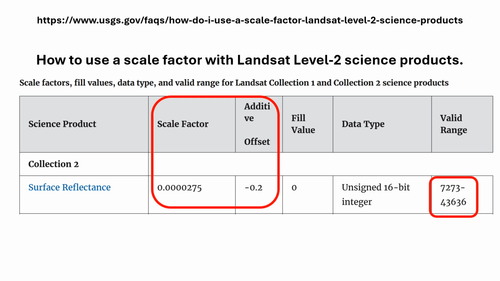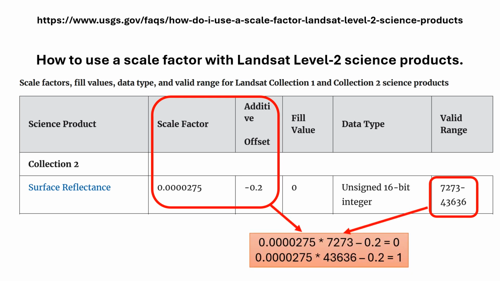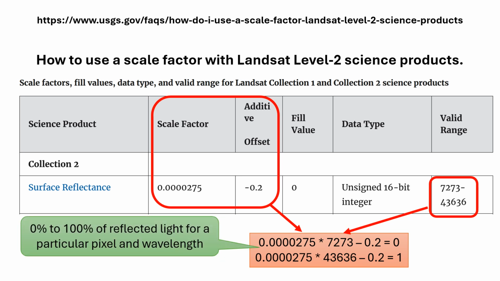As described in the Landsat documentation, the application of a scale factor and additive offset converts pixel integer values to decimal values between 0 and 1. This is equivalent to the range of 0% to 100% of the reflected light for a particular pixel and wavelength.